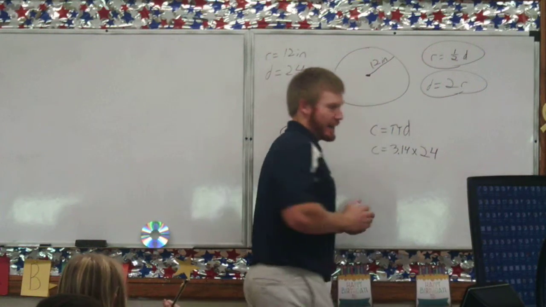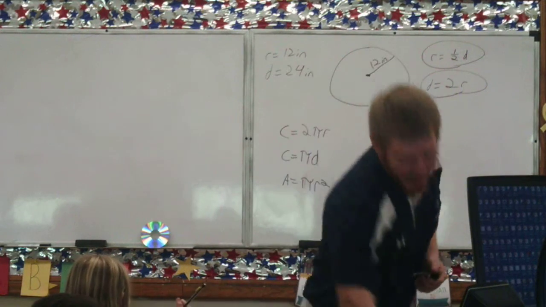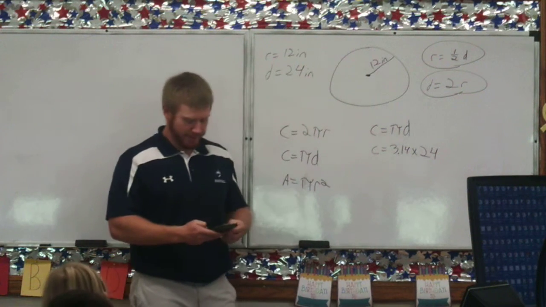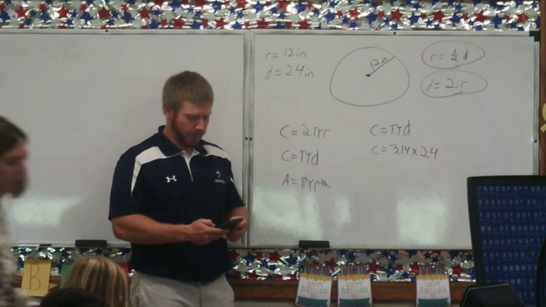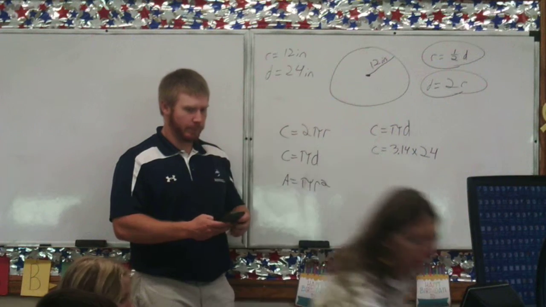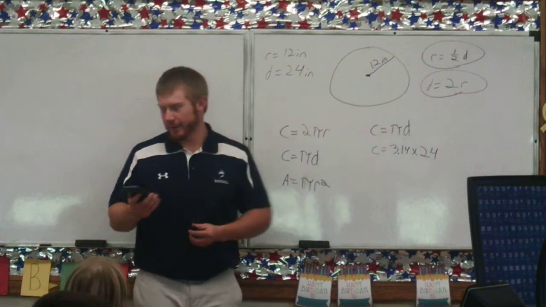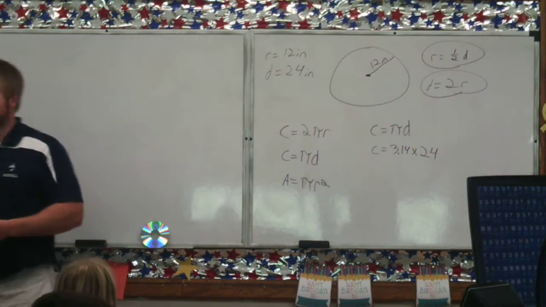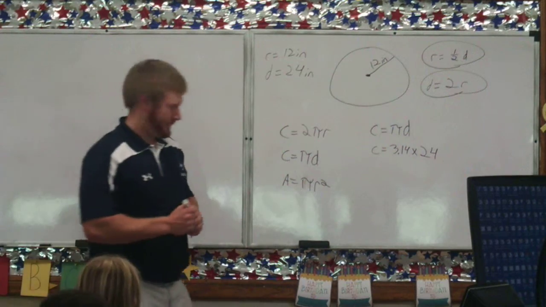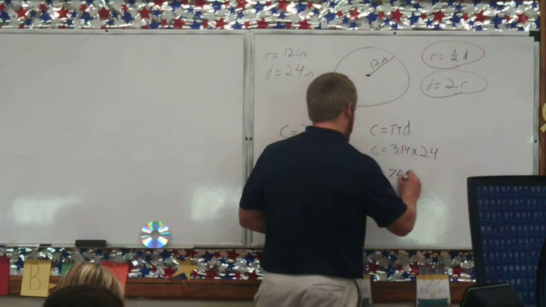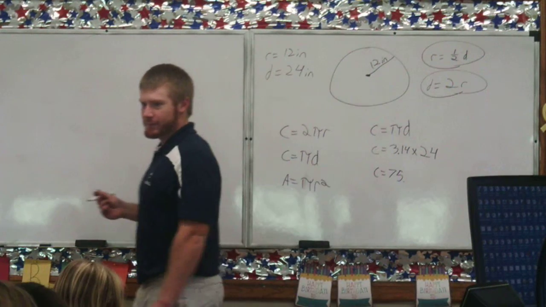And guys, you'll be able to use calculators on these problems. So I'm going to put this into the calculator. I got 3.14 times 24, and that is 75 and 36 hundredths.